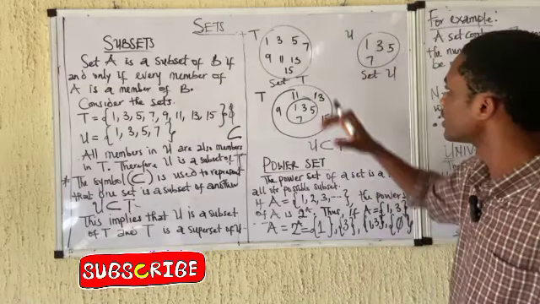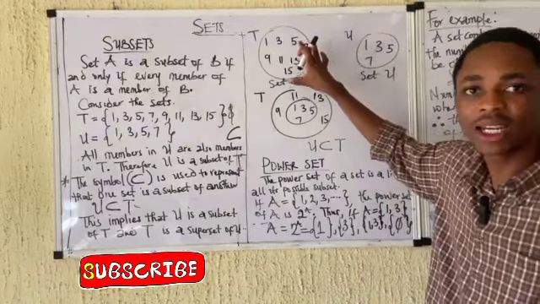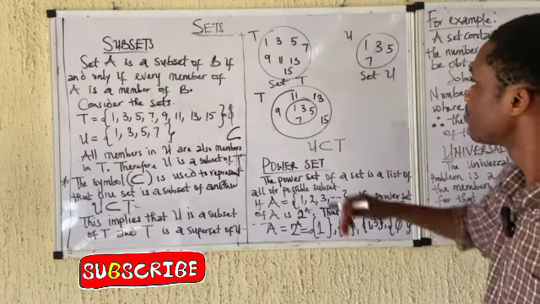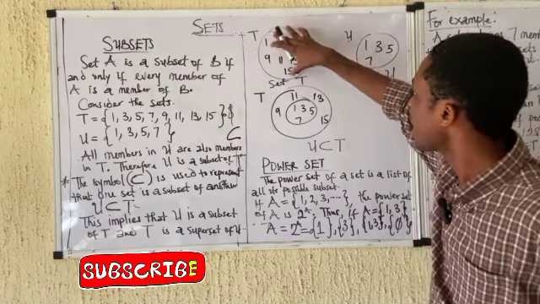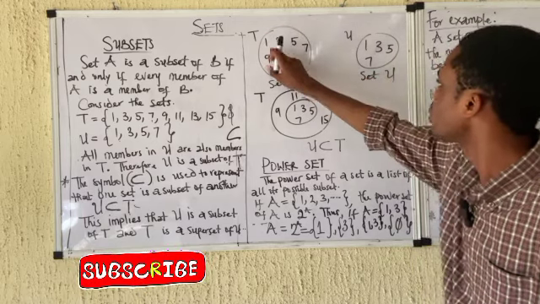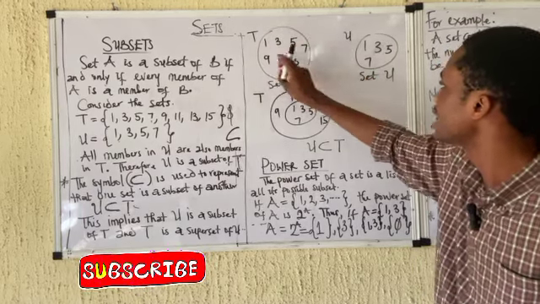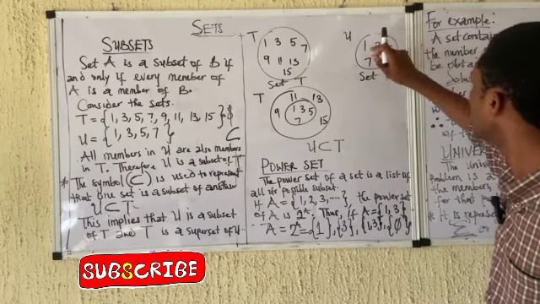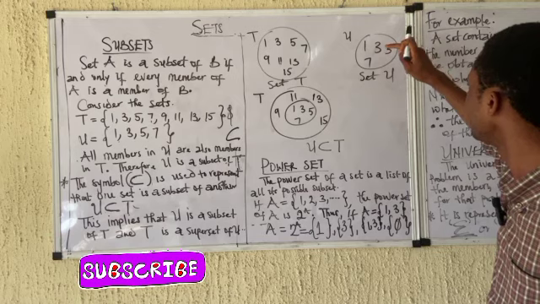Now, with the diagram, we use the Venn diagram. Set T has the elements 1, 3, 5, 7, 9, 11, 13, 15, whereas set U has elements 1, 3, 5, 7.